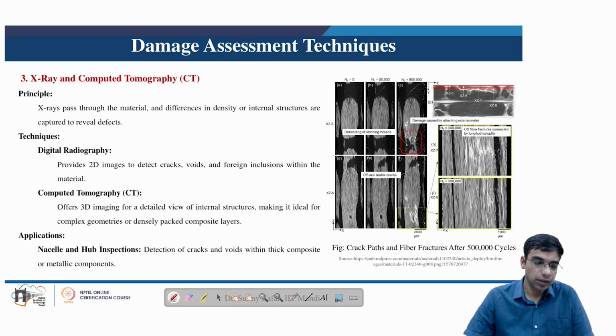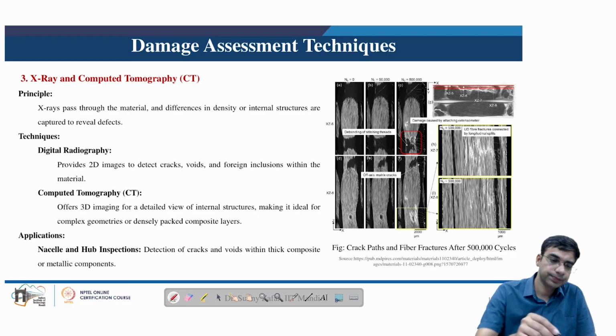The application includes the use of X-ray and computed tomography on the nacelle and hub inspection of the wind turbine, as detection of cracks and voids in thick composite and metallic components is possible using X-ray as the tool for detecting the damage.